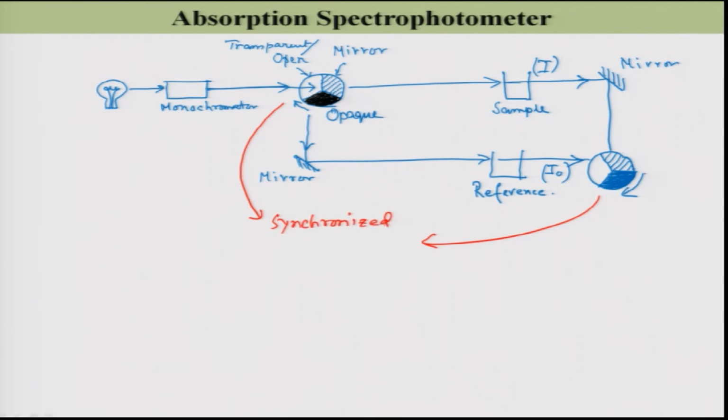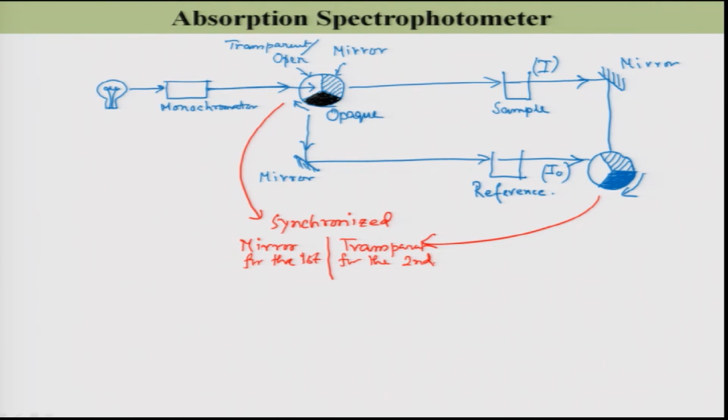In such a way that when this one is mirror for the first one, that means this light will be reflected this way, it will be a transparent area for the second one.